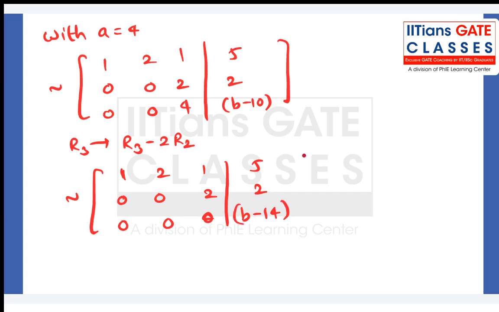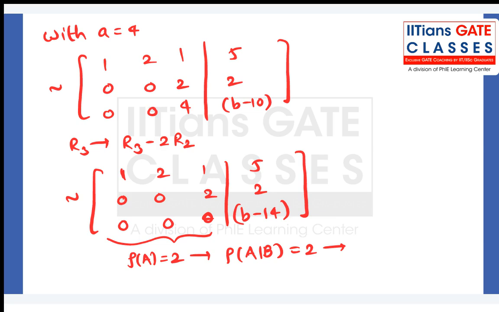Now you just see this, the rank of your A matrix is 2, and therefore for a consistent system, you should have the rank of your augmented matrix also equal to 2, and that will happen only if B minus 14 is equal to 0. That means B should be equal to 14.